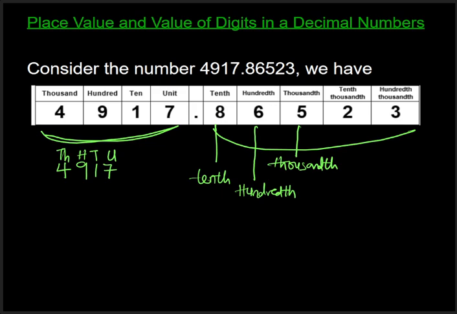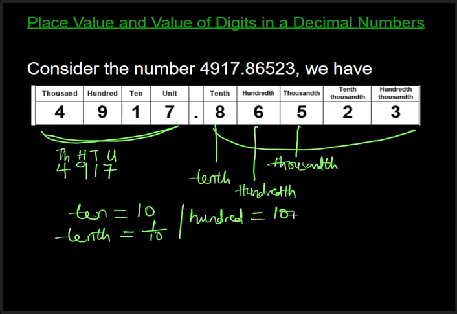So what you notice is that the place value for the fractional part has th at the end. Now let's see what that th stands for. We know that 10 is equal to 1 and 0. When we are looking at tenth, that th will make it 1 all over 10. I hope you are seeing that. So we have 100; 100 is equal to 100.